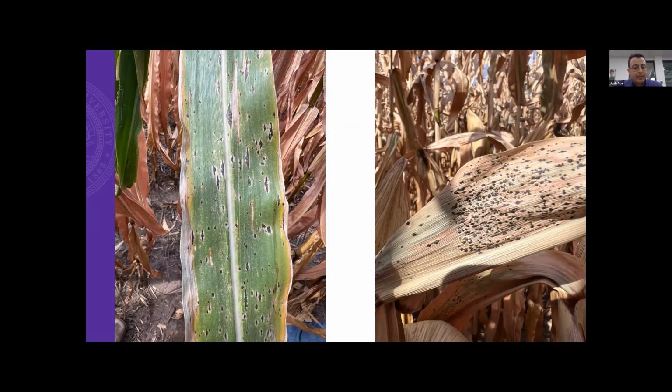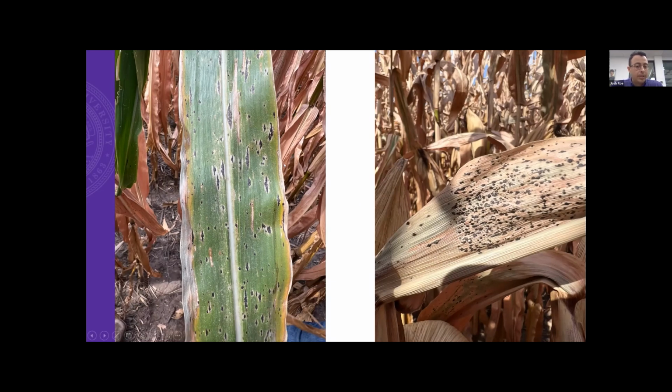So don't get fixated on only one thing. And if you find tar spot, make sure you rub your finger over those lesions, because most of the time when I was scouting in the years before, it was mainly insect poop. It's important for us to manage at the right time, but also to identify properly.